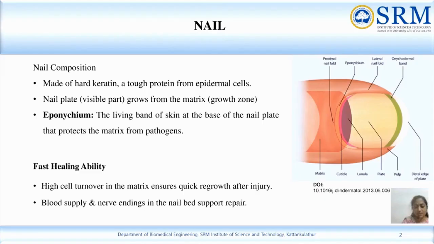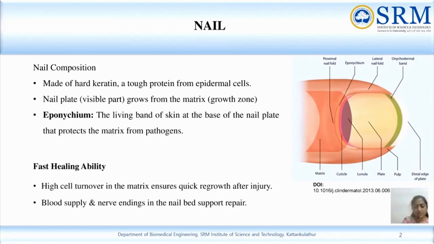And the lunula, which is the half moon shaped area at the base of the nail plate, is the visible portion of the distal nail matrix. And the cuticle is the thin layer of dead skin cells that grow out from the eponychium and adhere to the nail plate to form the protective seal.